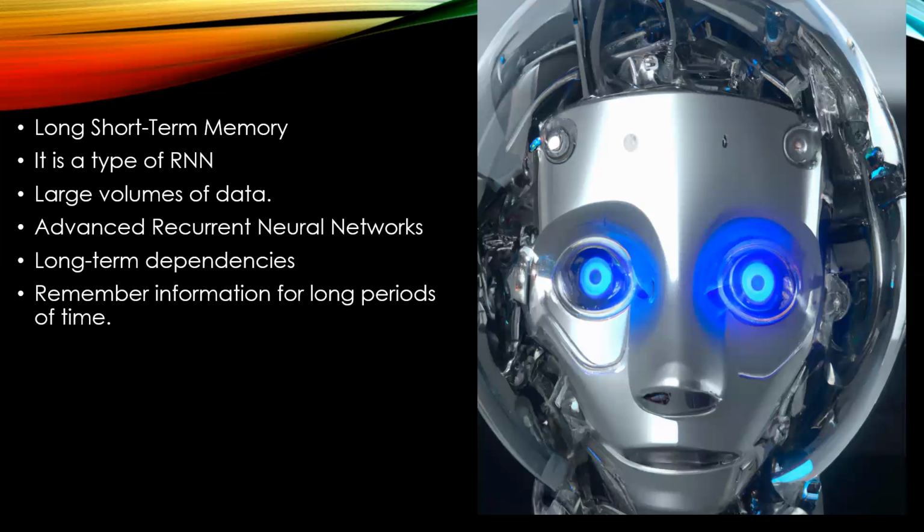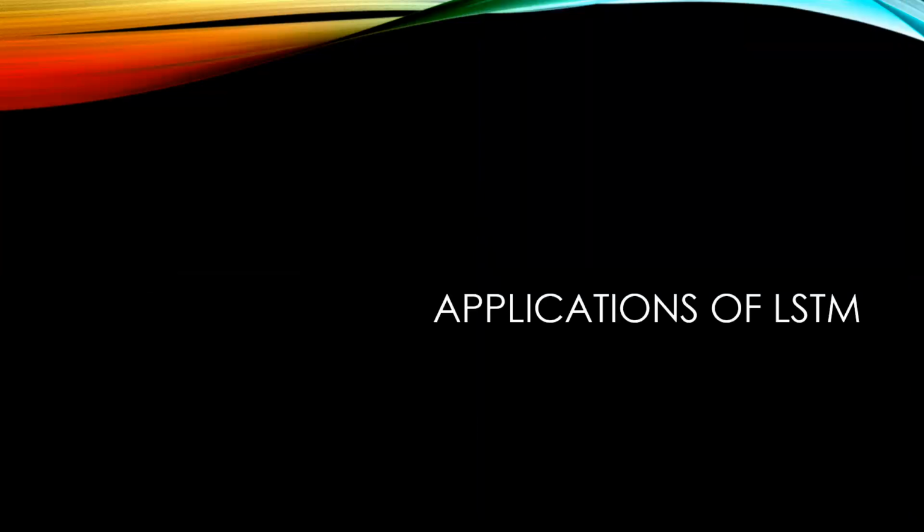LSTM networks have various extensions and variants, such as bidirectional LSTM, convolutional LSTM, and attention LSTM, which can further enhance their capabilities for modeling sequential data. With this background about LSTM, let's now proceed to look at some of the interesting application areas of LSTM.